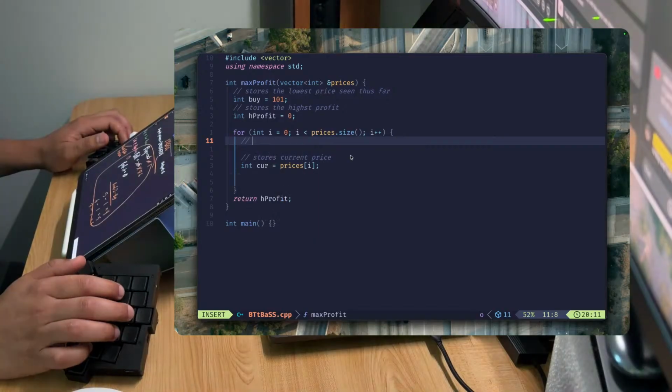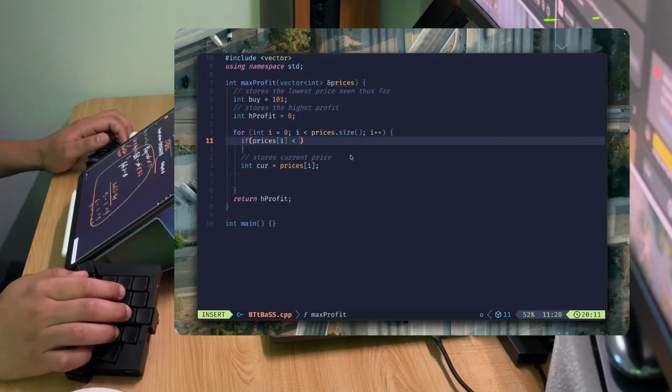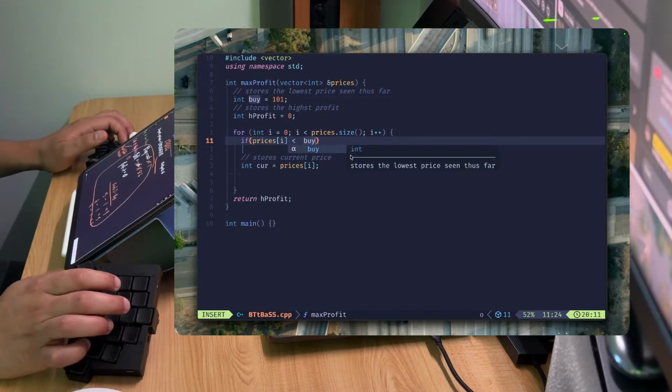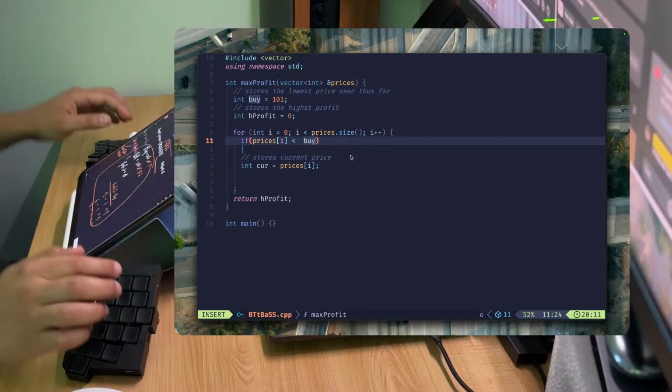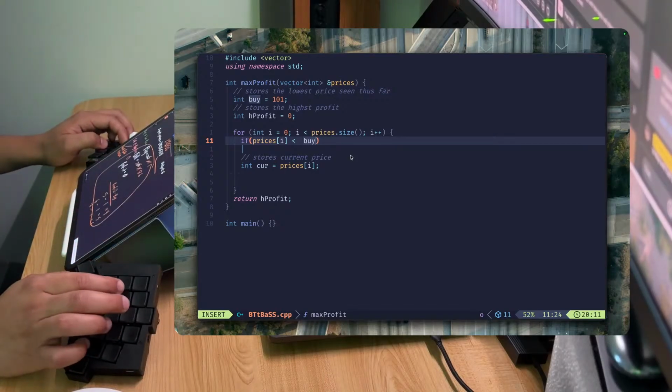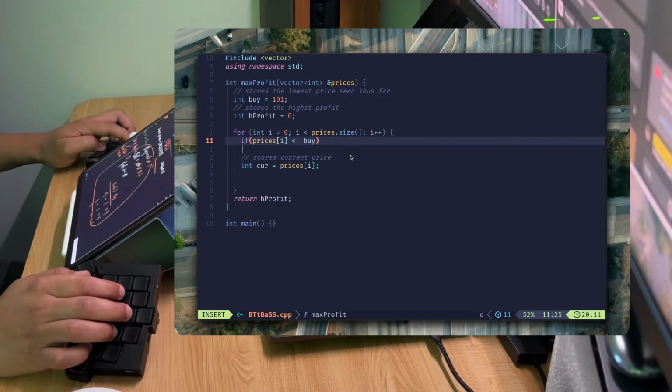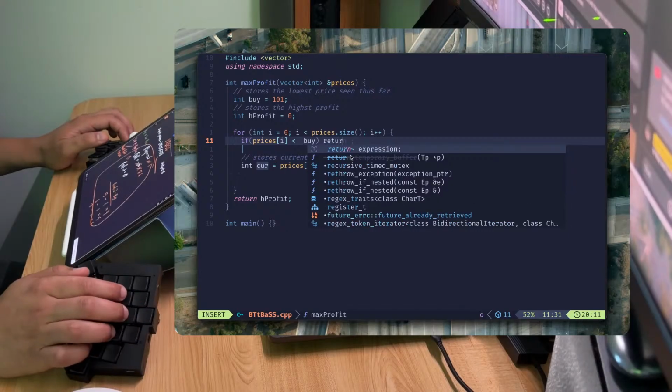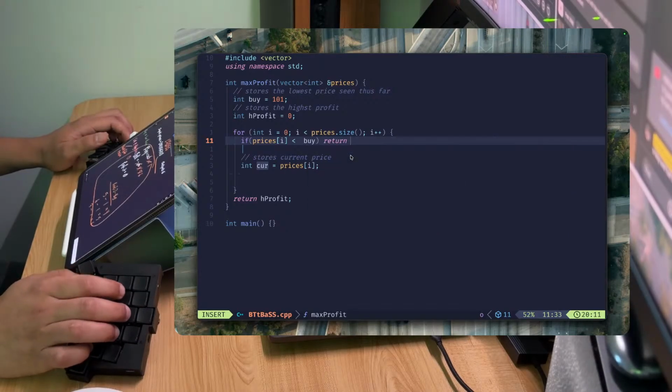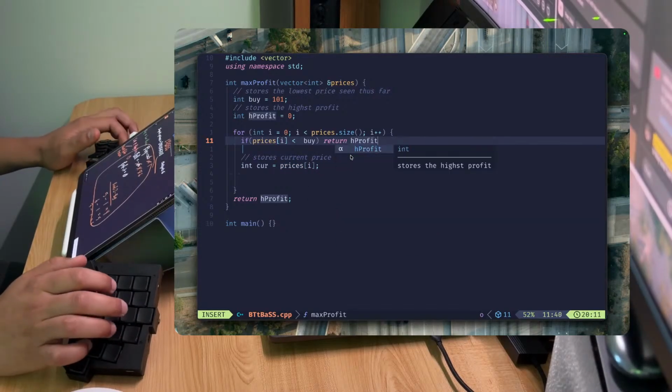Yeah, the condition is like if prices at I, if the last value is less than buy, which buy is already our lowest value, then we can just return H profit.